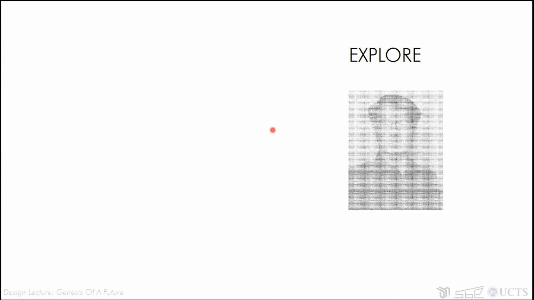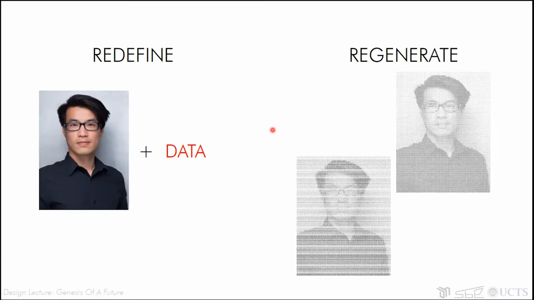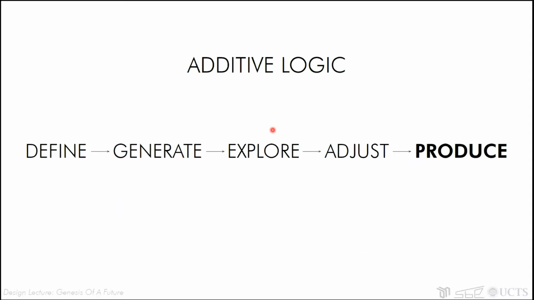And I suddenly decide, okay, look, I just don't like this, what are those white lines in between? It seems like I'm disappearing. I don't like that. And Mr. Designer, can you do something about it? Oh yeah, of course, let us redefine with data and let us regenerate. Simple as it sounds, but how has it been done?